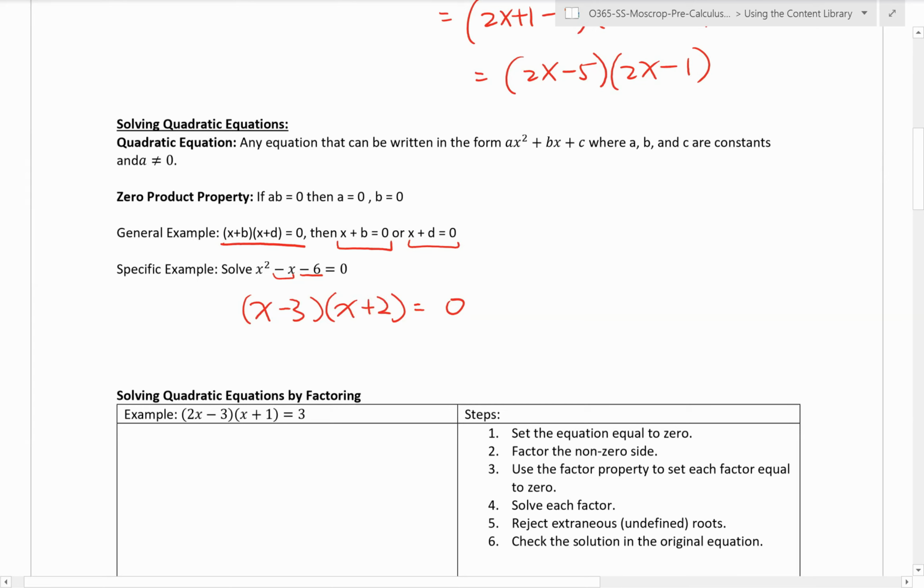Therefore, either x minus 3 equals 0, which means x equals 3, or x plus 2 equals 0, so x equals negative 2. That would be the solution. If any one of the factors is 0, then the product is 0. So to solve quadratic equations, you make one of the brackets 0, and then you're done.